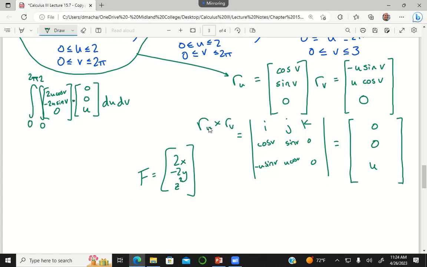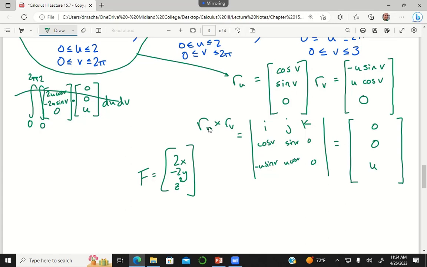Okay, take the dot product of these. And the dot product is 0. So if the integrand is 0, taking a double integral of 0 is just 0. And so that was all a waste of time. No, just kidding. But that part of it is 0, and I don't have to worry.